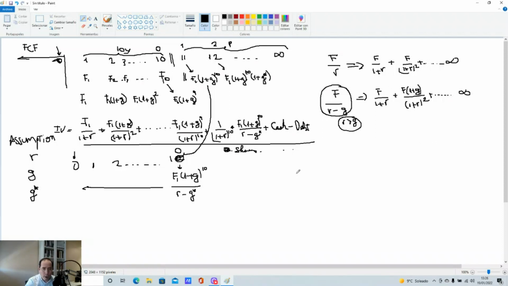Now once we have our intrinsic value calculated here, we will need to compare it with the stock price. Once we have this, we can calculate the margin of safety, a concept created by Benjamin Graham. Benjamin Graham is the father of the value investing philosophy.